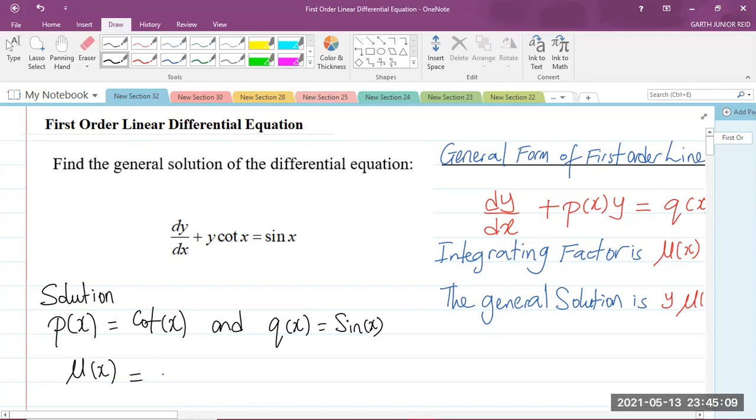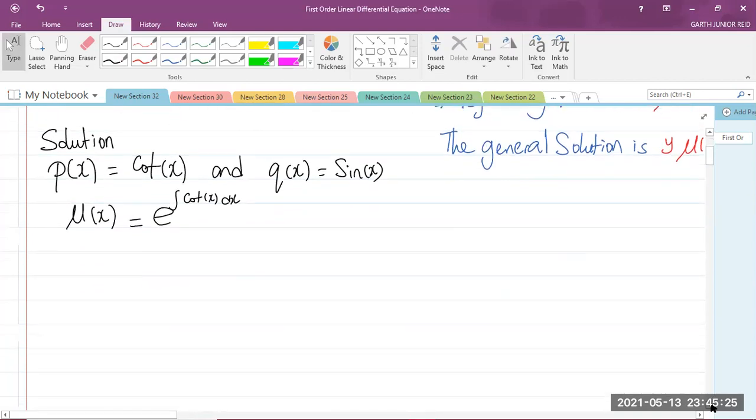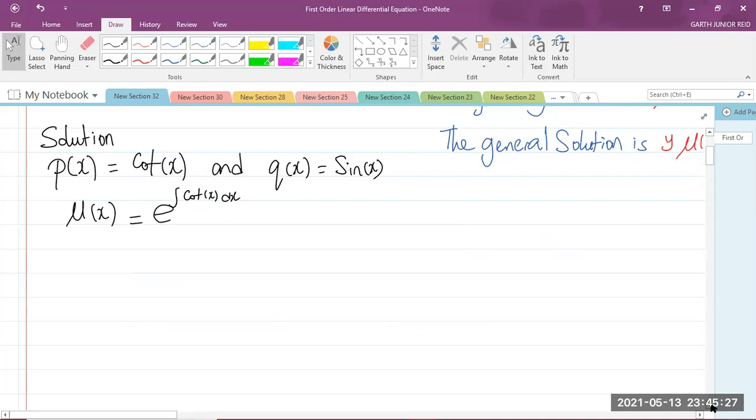Now let us calculate the integrating factor, mu of x. We know that it is equal to e to the integral of p of x dx, and we just stated that p of x is cot x. Now let us do some integration. Let me focus on the integral of cot x, which is in the power of the exponential term.